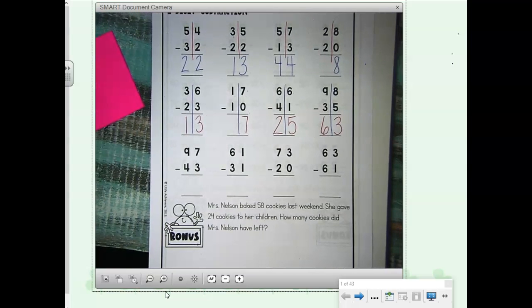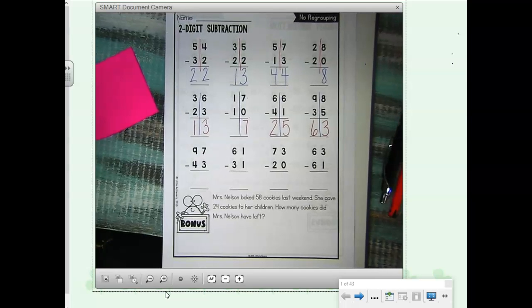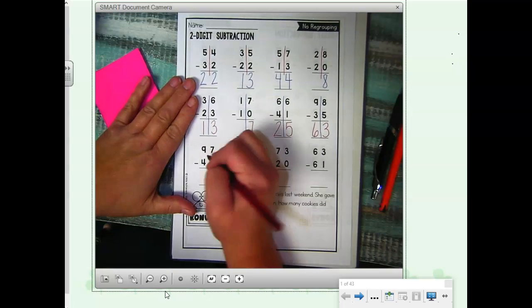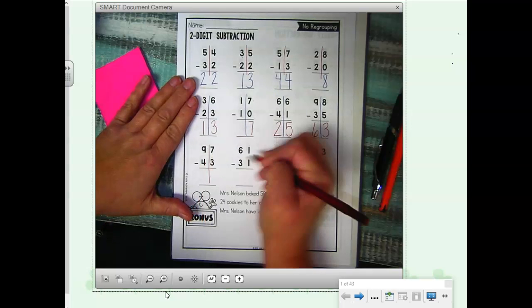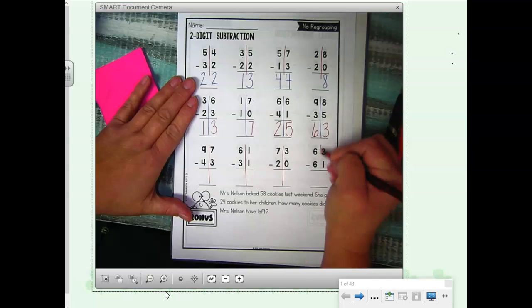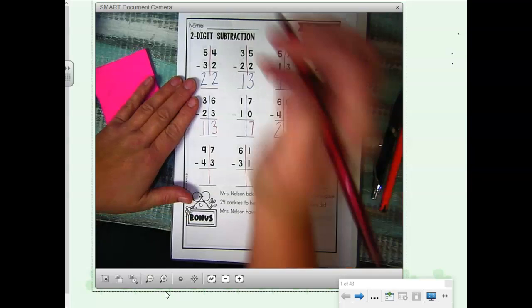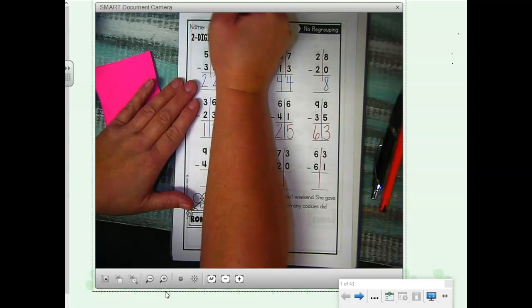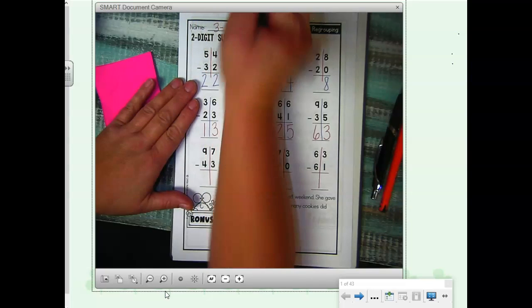All right, this bottom row, you are going to finish. You can go ahead and divide your 10s from your 1s. I'm going to let you finish it. At the top, we're going to put today's date, 3-18-21.